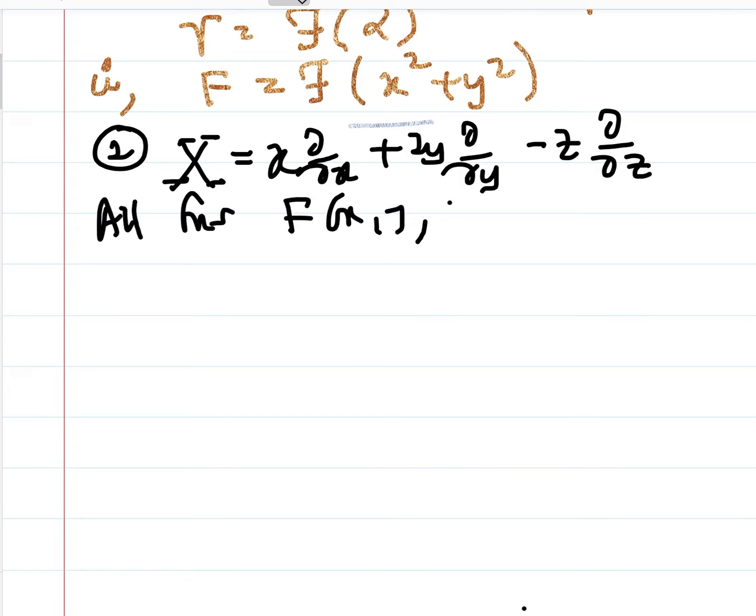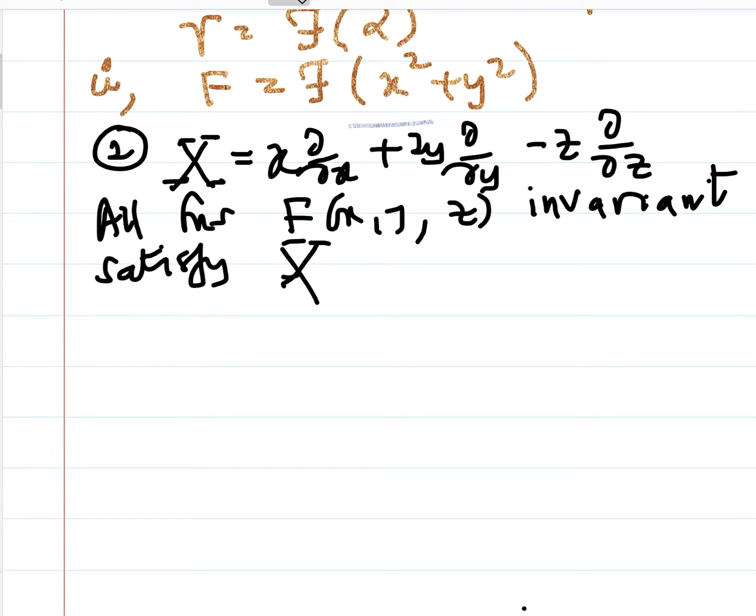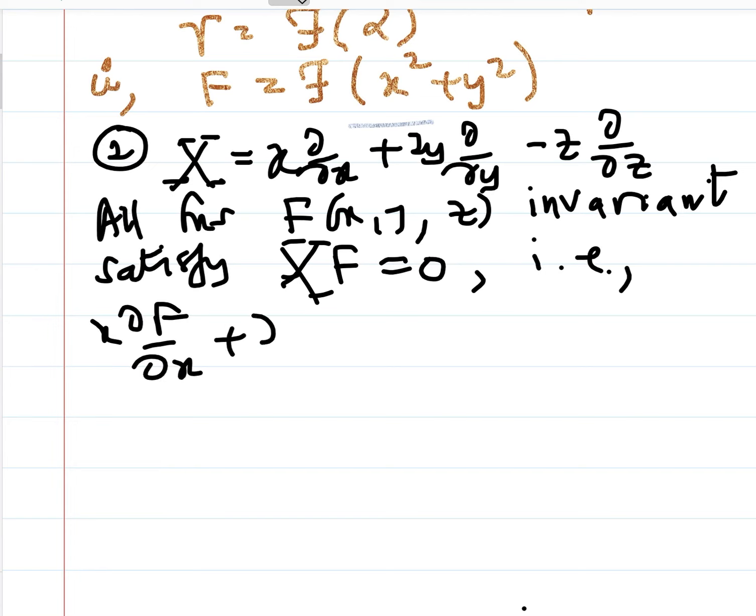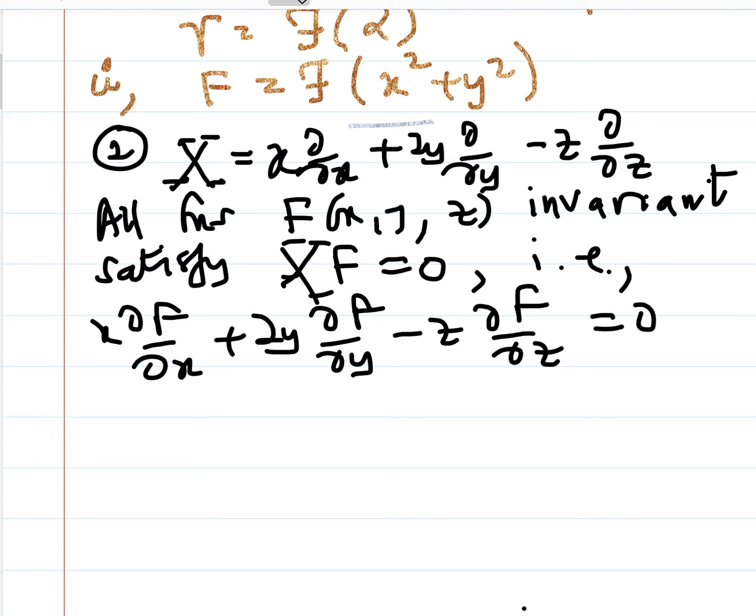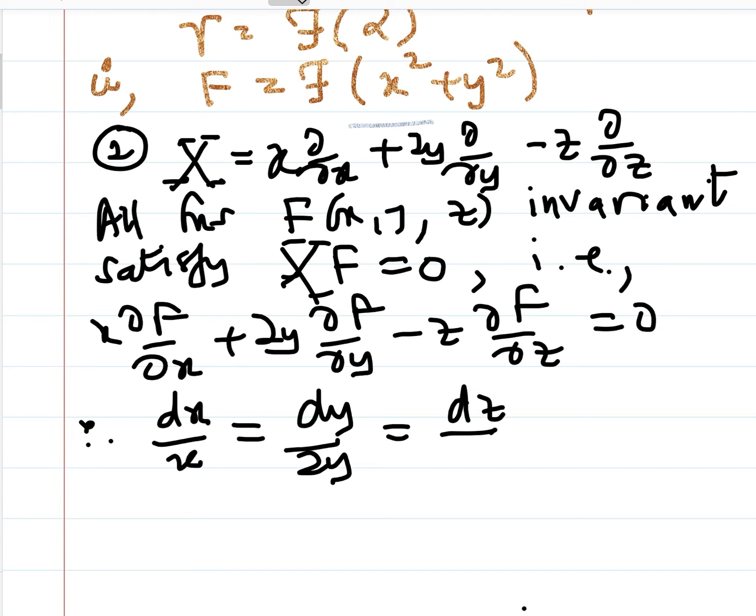this time of three variables, invariant under this X, satisfy X on f equal to 0, i.e. you've got x df/dx plus 2y df/dy minus z df/dz equals 0, and therefore if you write it in characteristic form, you get dx over x equals dy over 2y equals dz over minus z.